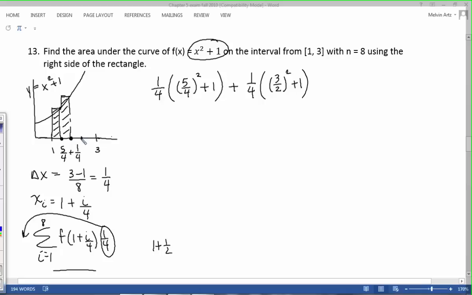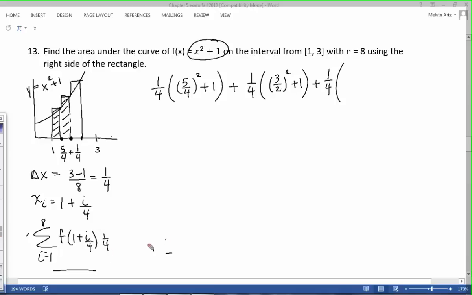Now the next value we would plug in to find the area of the third rectangle, we would have plus 1/4. And this value now, we would be adding 1/4 to our 3/2. But I'm going to go back down here to our Riemann sum, and let's use that to find our value.